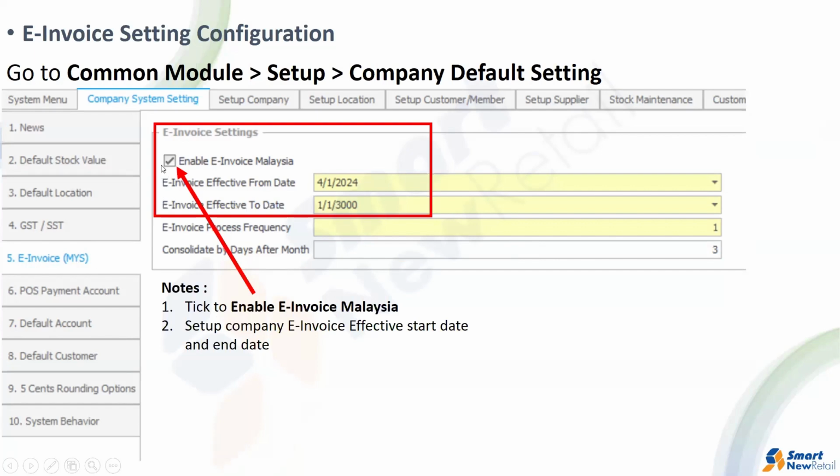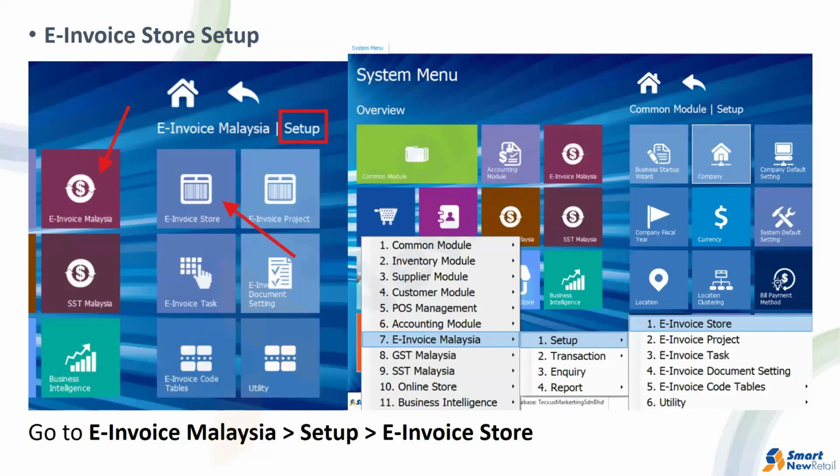From here, you tick enable E-Invoice Malaysia. For the effective date, you put the day that you enable this. Then you save it. Once you save, when you go back to the system menu, you'll see a new module called E-Invoice Malaysia.